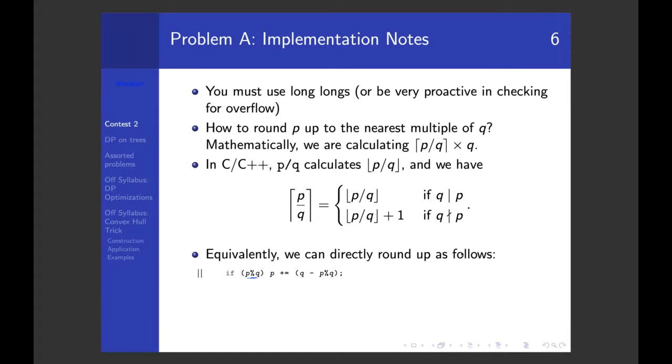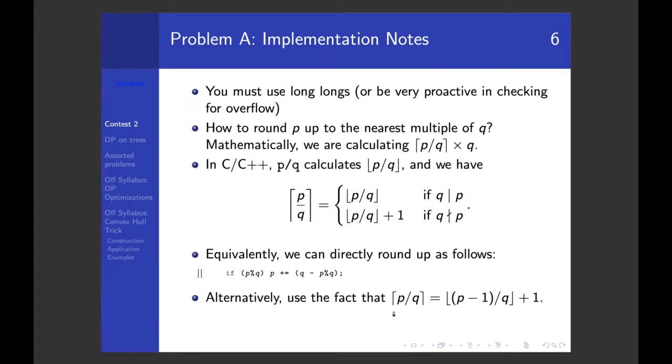Otherwise, if this is non-zero, we can round up, and this is just saying, well, get P mod Q. For example, if you are at 11 seconds and the train leaves every 10 seconds, then P mod Q is 1. But we need to wait 9 seconds, so 10 minus 1 is 9. This is another way of doing it that doesn't involve this over here, it just directly rounds up.